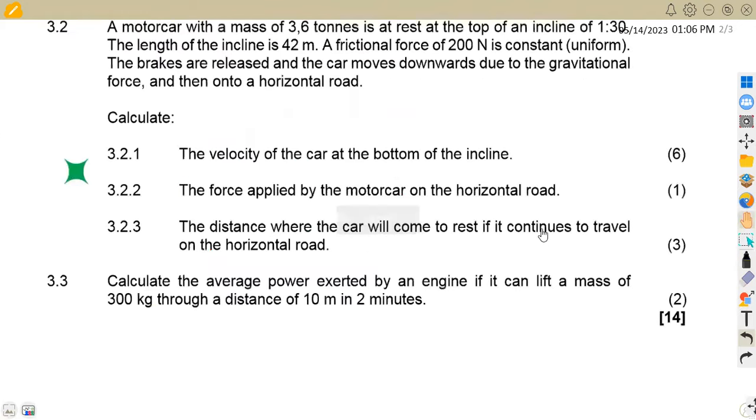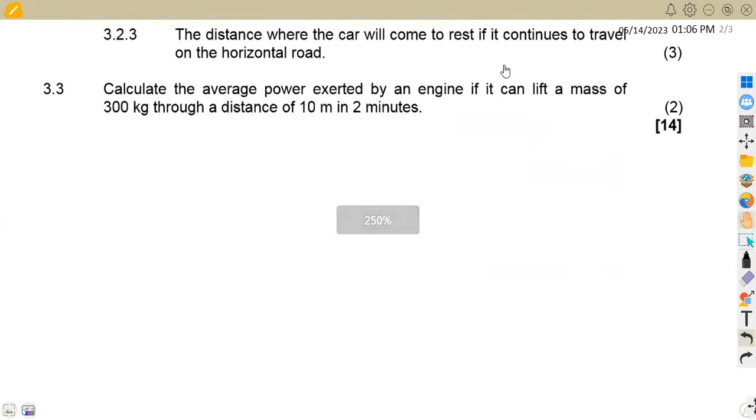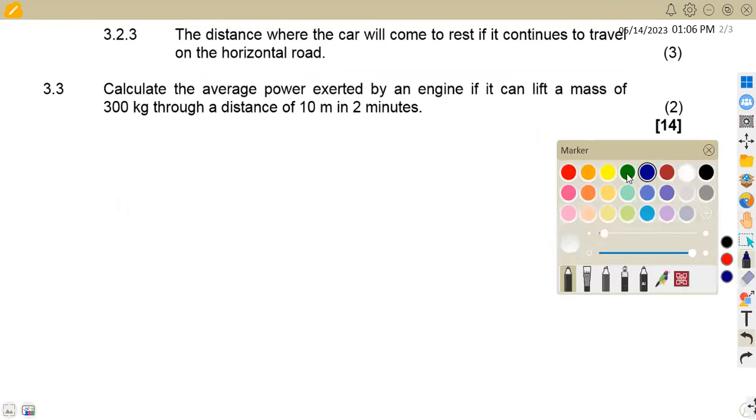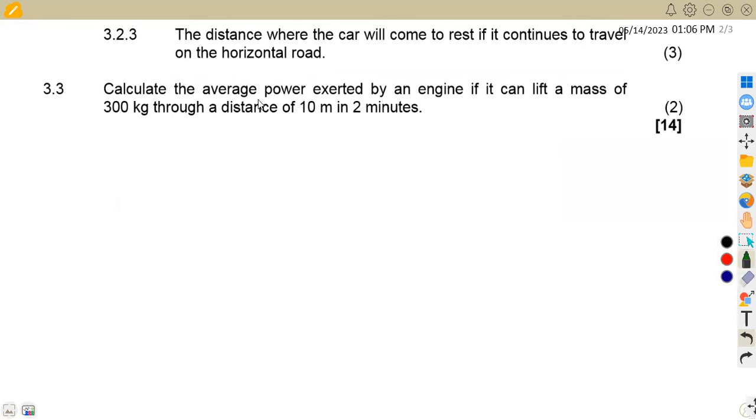So 3.3, we are now given to calculate the average power exerted by an engine if it can lift a mass of 300 kgs through a distance of 10 meters in 2 minutes. All right, so let's take the information here. We need the power, so that's 3.3.